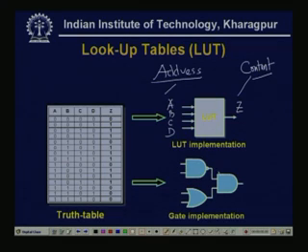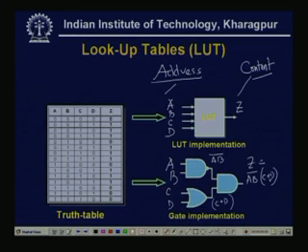This is a simple type of gate implementation, where this is A B bar, this is an AND, and this is C plus D. So, Z equals A B bar dot (C plus D). This is the function realized.